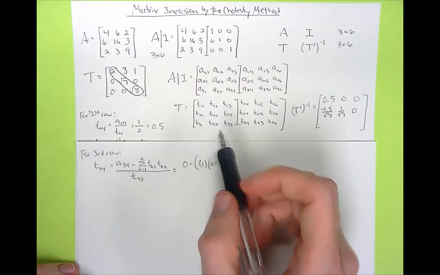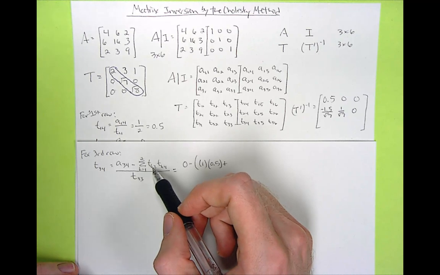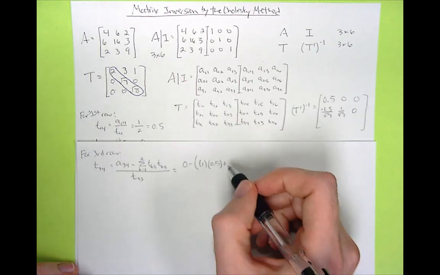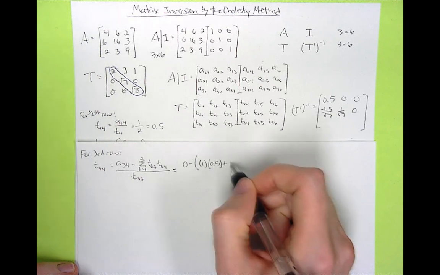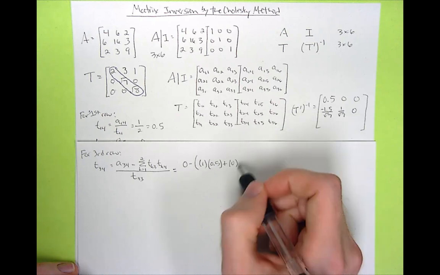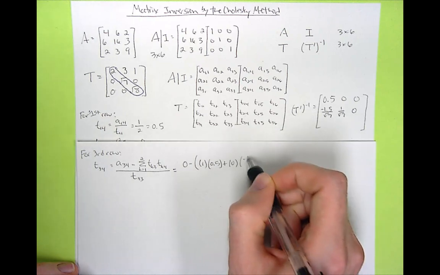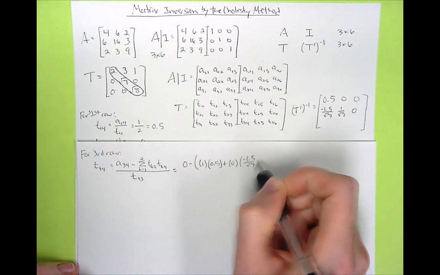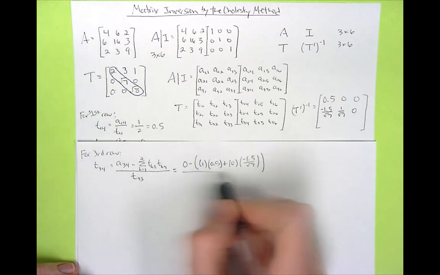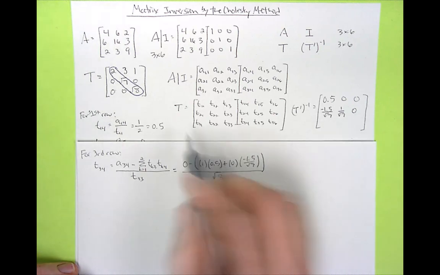So T23 is 0, and T24, which we just found to be negative 1.5 over square root of 7. So all of that over square root of 8.